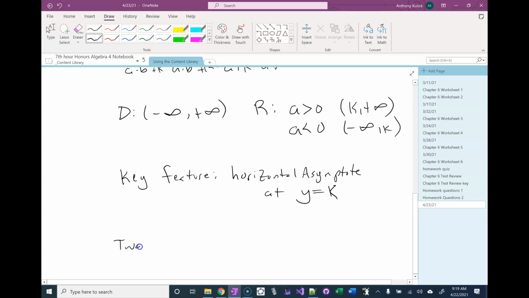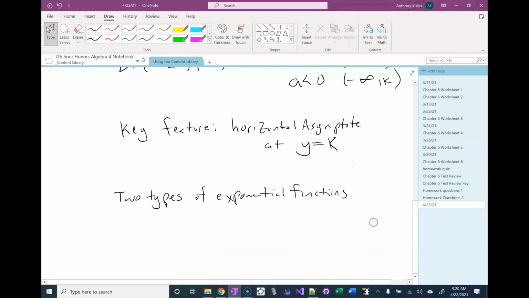There are two types of exponential functions. So there's exponential growth. That's where we have a b value greater than 1. So our graph is increasing as it moves from left to right.